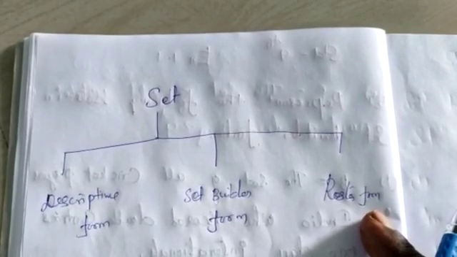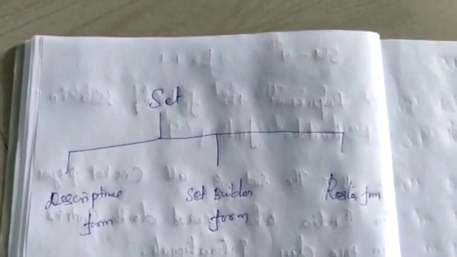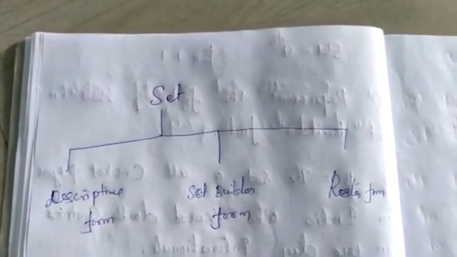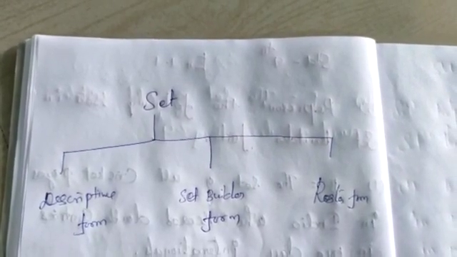Roster form means we are writing the final answer, and that will also be in flower brackets.